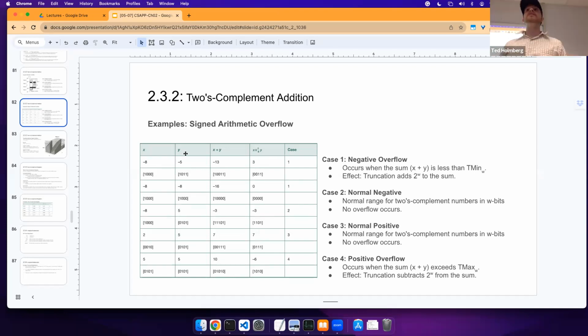Now, if the resulting value is positive, that is one way I can get a result with my signed values. Now, if I took my X term, I took my Y term, I added them together and got back another 4-bit vector, but it was prefixed with a 1 as the most significant bit, then that's a negative value, but that's still a normal value. So I have two cases that are a normal negative and a normal positive.